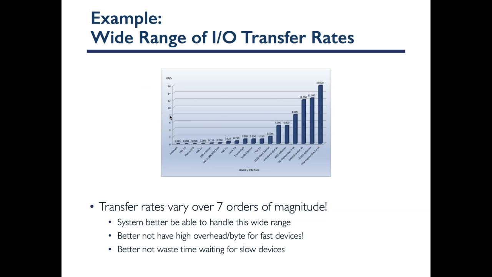So almost 7 orders of magnitude difference you can see in this graph. Your system better be able to handle this wide range of speeds, and better provide what the end user needs in terms of latency, dealing with all these variable speed devices.